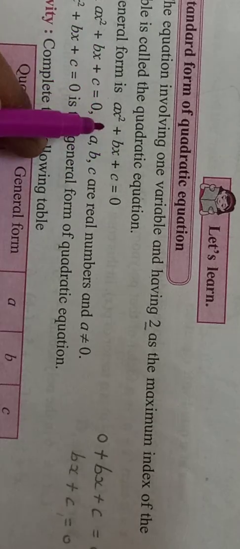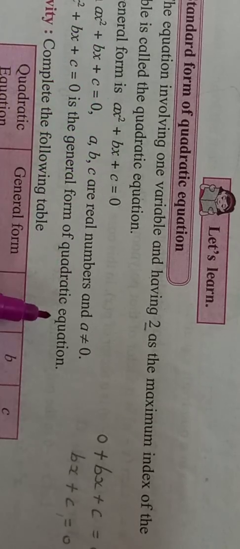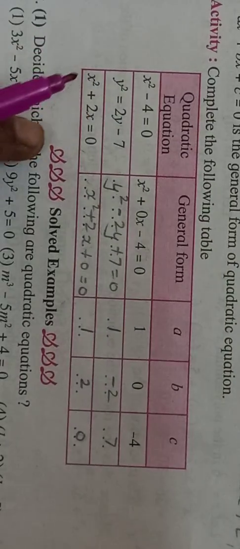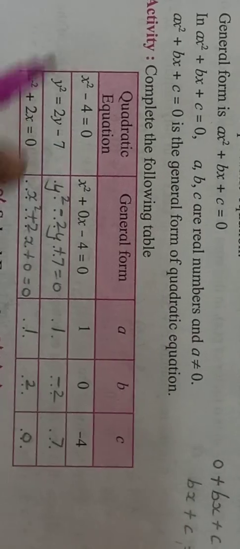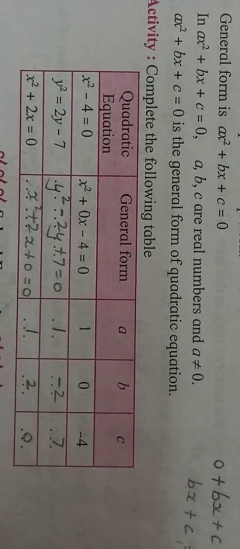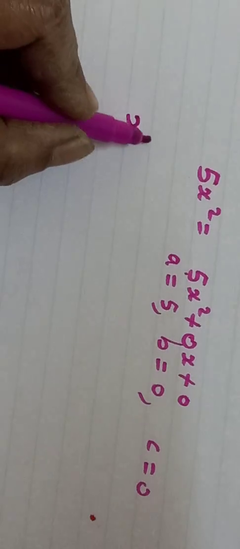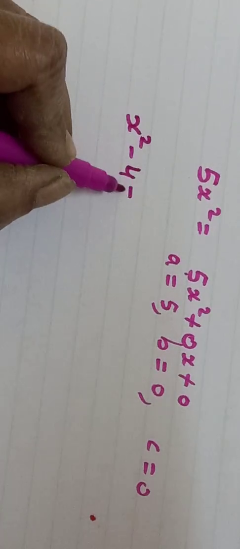General form is ax square plus bx plus c is equal to 0. And now you should be able to write this. Now in the form of polynomial, now it's given in the form of an equation. So complete the following table. Now x square minus 4 is given. Now x square minus 4 is equal to 0.